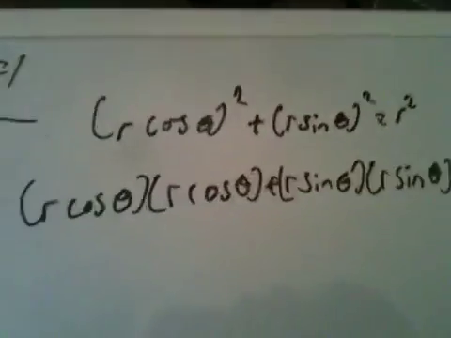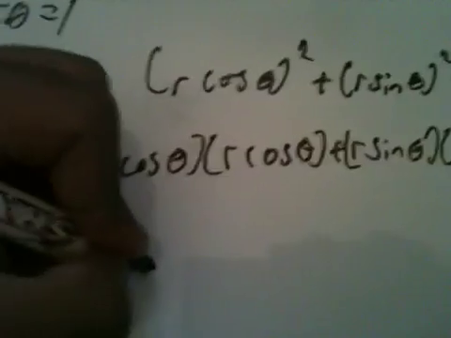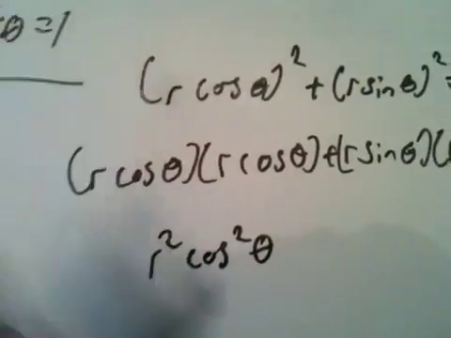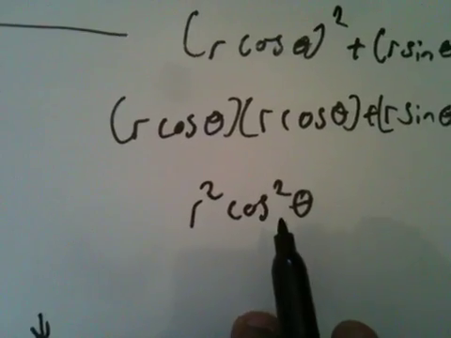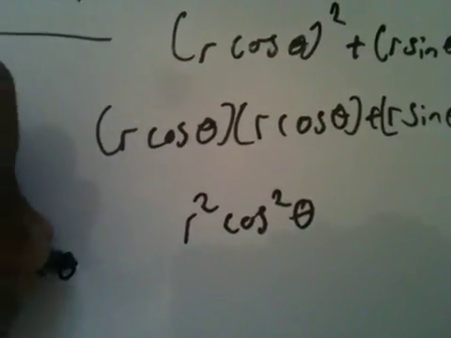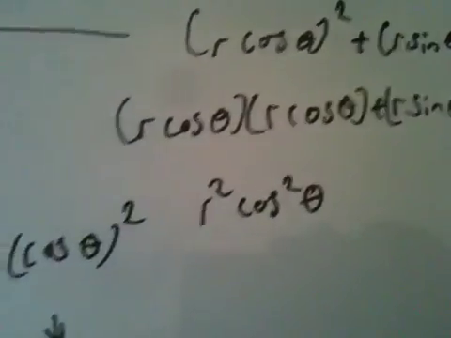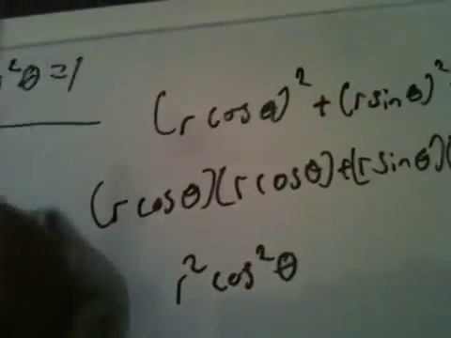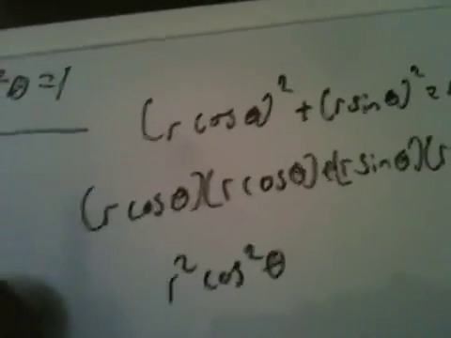Now we can just multiply it through. We have an r squared times cosine squared theta. And if you've never seen this before, it's just alternate notation for the cosine theta quantity squared. And that means you're squaring the ratio itself, not squaring the angle. So back to reality.